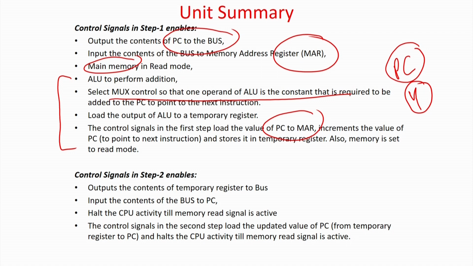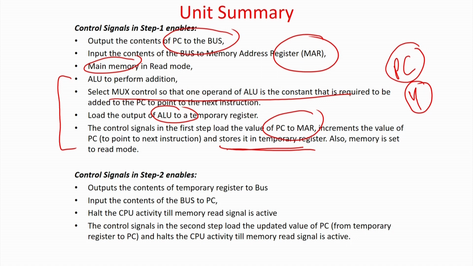Then load the output of the ALU to a temporary register, that is PC equal to PC plus 1. All these things are similar. The only extra thing in the first step's control signals is: load the value of the PC into the memory address register, increment the value of PC, which remains the same, and store it in a temporary register Y, which is the special extra thing we do for control instructions. All other parts remain the same, so I am not elaborating.